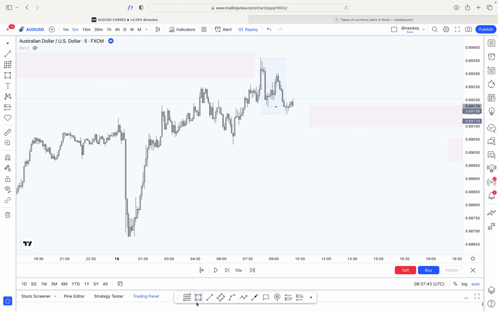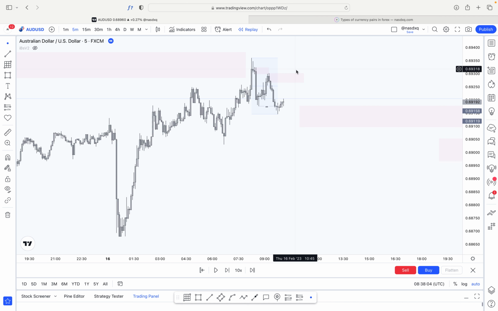So there we go. I like this area right here because it was very clean, and what we can see is that the supply to the left within this wick did actually get mitigated, just a little tap. So I was happy that was all mitigated.